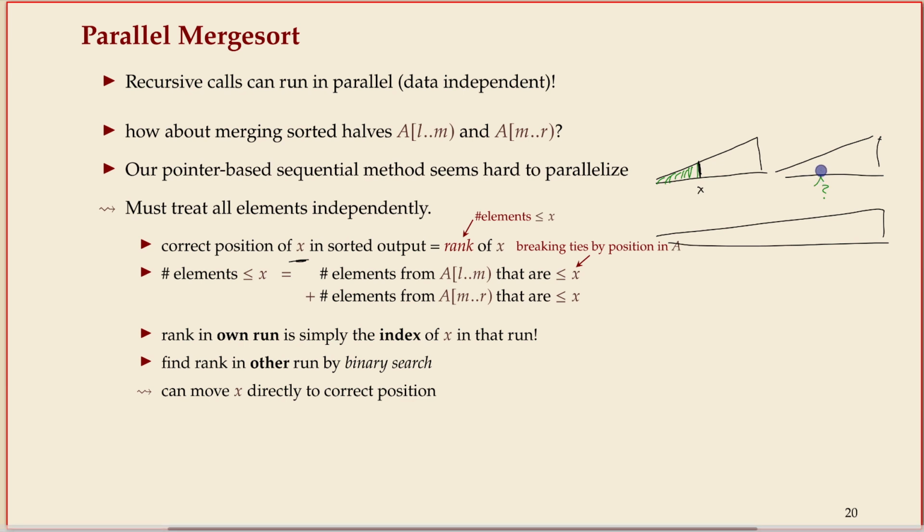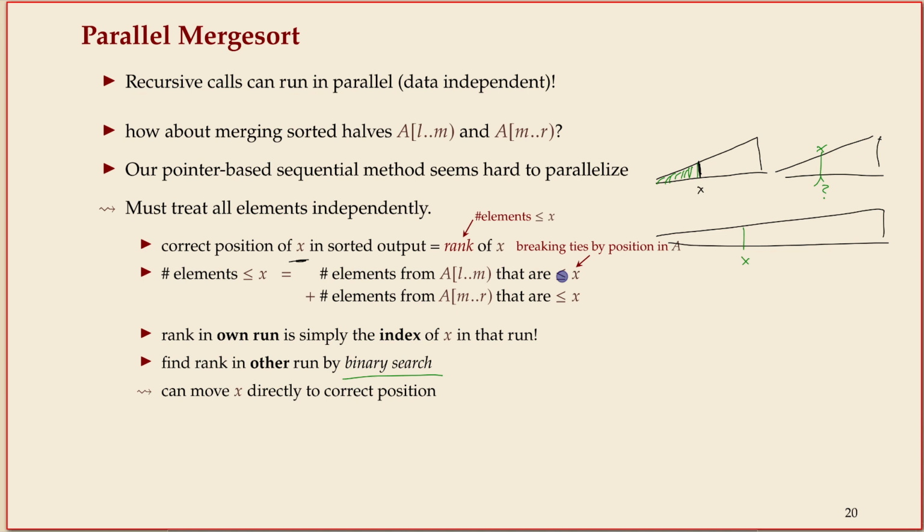But there's some position where x would fall if it was inserted into that run. How do we find that position? Well, we can do a binary search. So the overall position of x in the sorted output is the sum of the number of elements that are smaller than x in the left and in the right run.